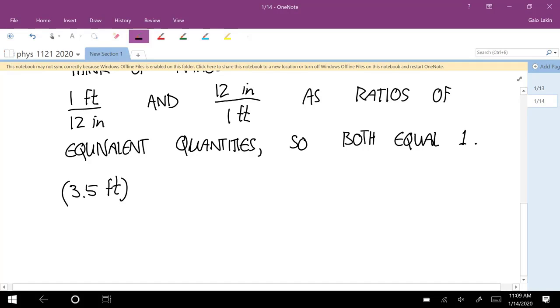We want the feet to cancel out because we're trying to get an answer in inches. And so we're going to multiply this by 12 inches over 1 foot. And we get the thing to happen that we want. The units we're trying to get rid of go away. And so you end up doing what we knew intuitively you have to do. Take that 3.5 feet and just multiply it by 12, and that gives you the number of inches. So what is that, 42?